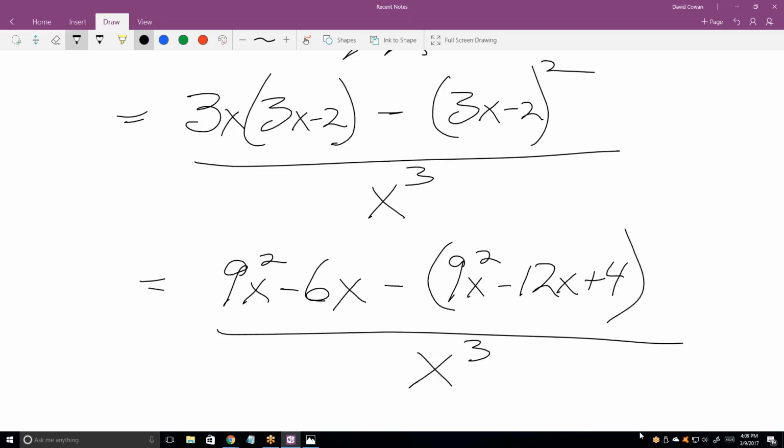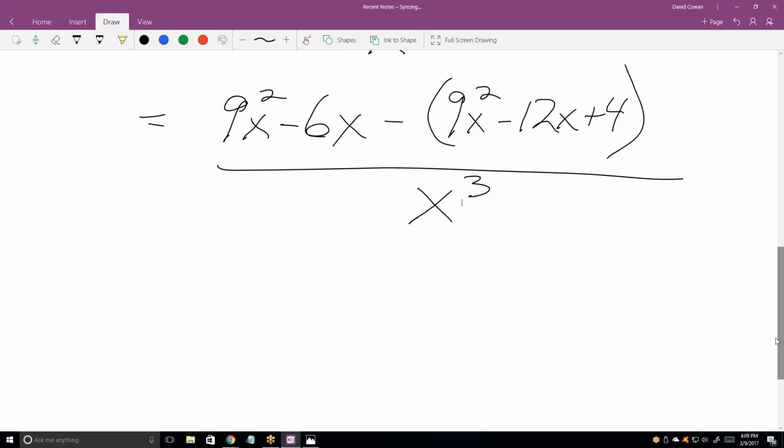In other words, if I don't have those parentheses, I don't have the same answer. Now the next goal is to get rid of those parentheses. What do I have to do to get rid of the parentheses? I've got to distribute this negative sign to every term. So let's do that.